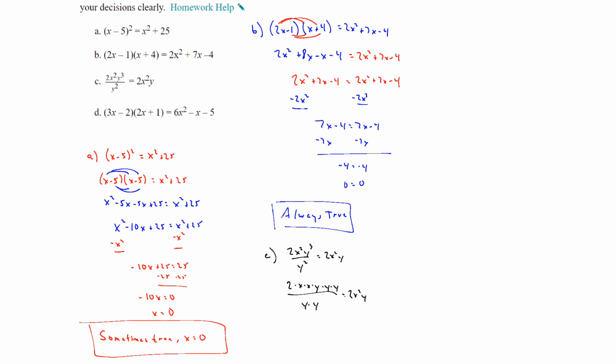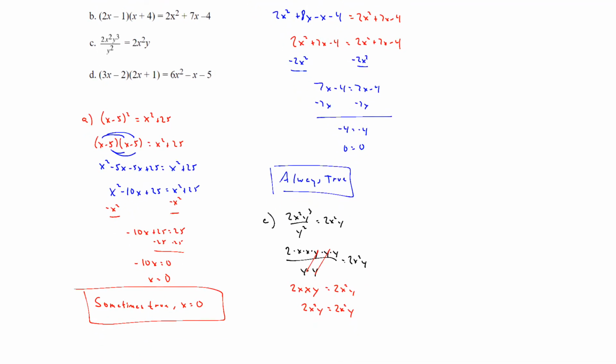By doing that, we can see that y divided by y is 1, y divided by y is 1, and so we get 2x times y is equal to 2x squared y, or 2x squared y is equal to 2x squared y. So at first glance, because you have 2x squared y is equal to 2x squared y, we're probably thinking that this is always going to be true.